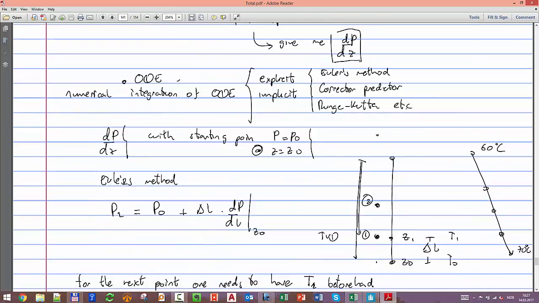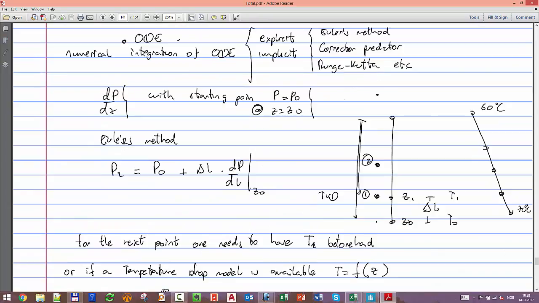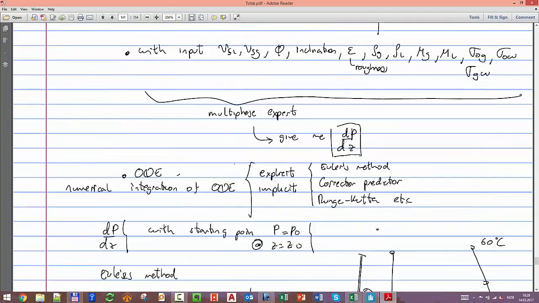And then you have to integrate, so you have like 3 steps: fluid properties, the multiphase expert, and then you need the integration. Okay, and there are many different ways to integrate, some of them explicit, implicit, each software depends slightly on what they use, but I told you here is like assuming that the pressure in the next point, you're going to calculate it as the pressure in the previous point times delta L and the derivative.